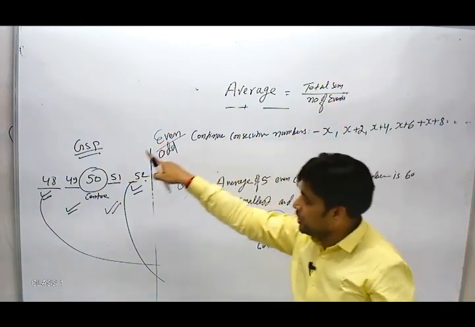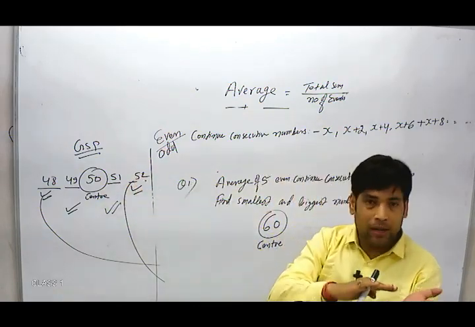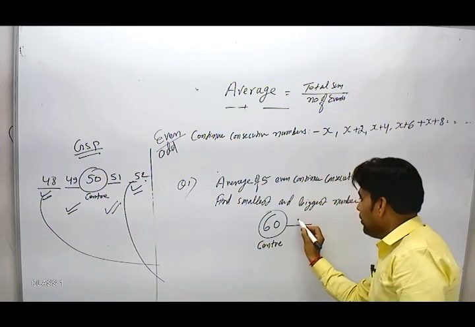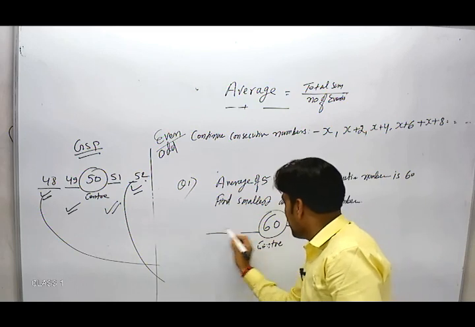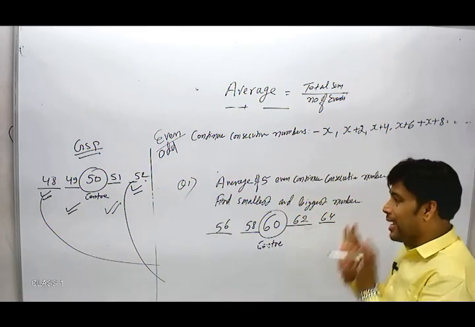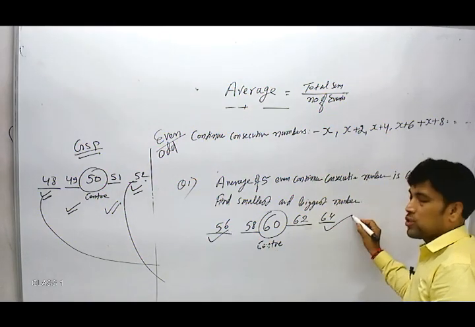Here, increase by 2: 62, 64, and decrease by 2: 58, 56. By any method, your smallest number will be 56 and the biggest number will be 64.